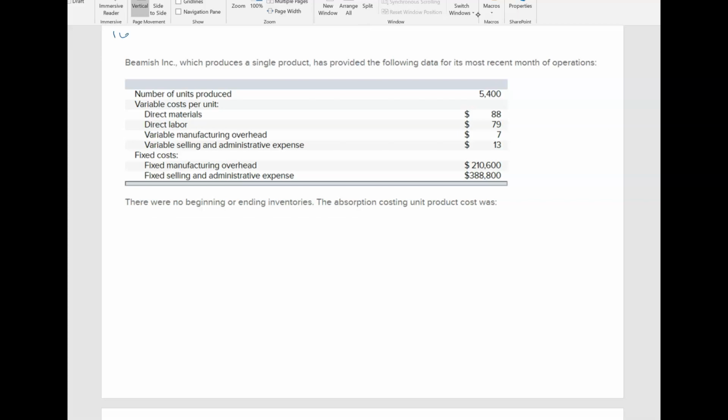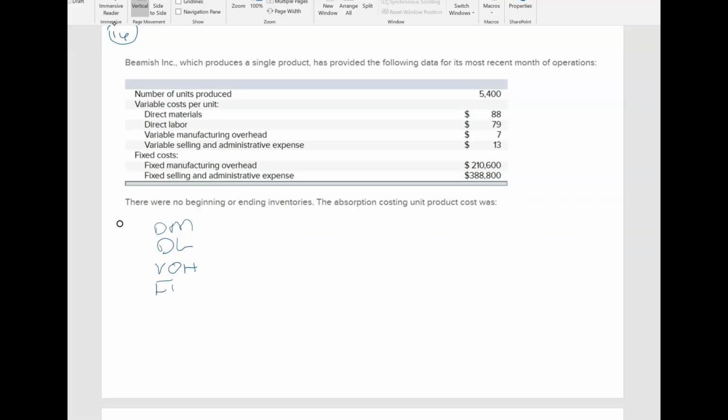16. 16 is absorption costing the product cost. Okay, for absorption costing, we still have direct materials and direct labor and the variable overhead, just like with variable costing. But absorption costing absorbs more of the cost.